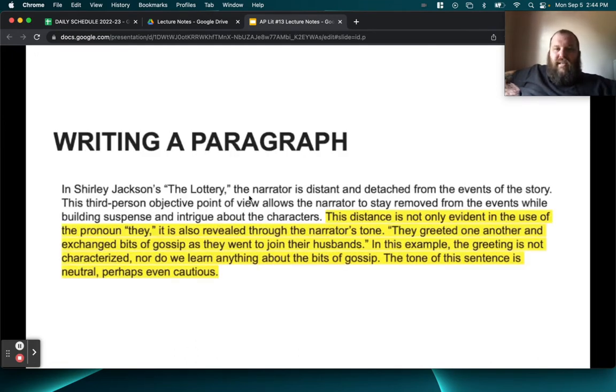So notice the sentence that is not highlighted is what I just read to you. That's our claim. Now, what do we do next? Students ask me this all the time, Mr. K, what do I write next? Where do I go next? Well, let me show you.